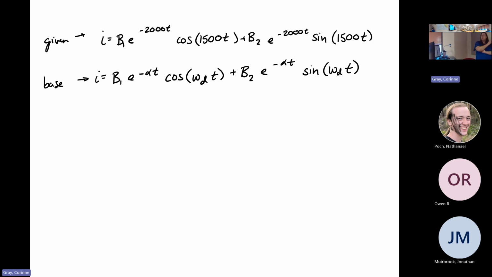We're comparing the two equations to each other based on the fact that this is underdamped.